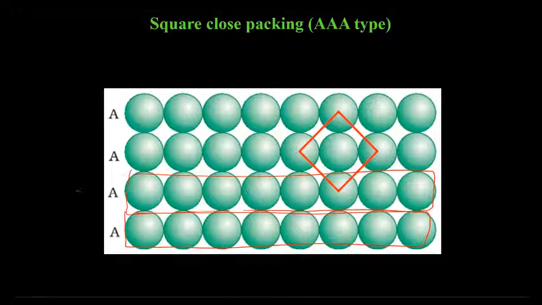So if you see both look like same, so that's why if one is A, the other one will also be A. You can't differentiate one line from the other line, one row from the other row. And in this case, if you see, a square is being formed by 4 atoms.